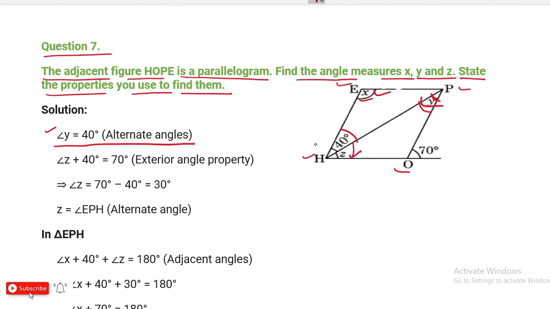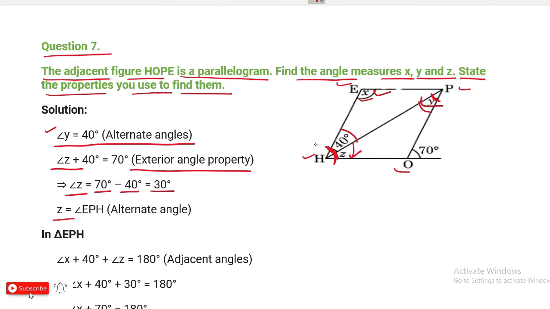Now Z: angle Z plus 40, this one, is equal to 70. Why? Because of the exterior angle property. We use here the exterior angle property. Then angle Z is equal to 70 minus 40, which is 30.